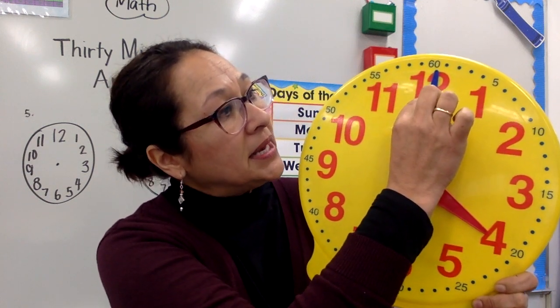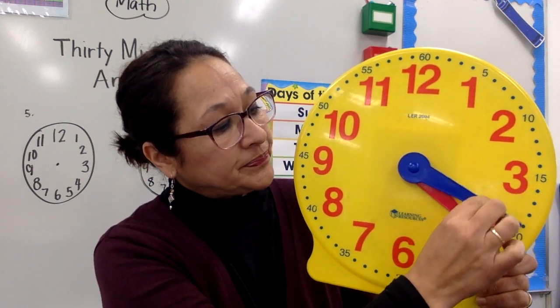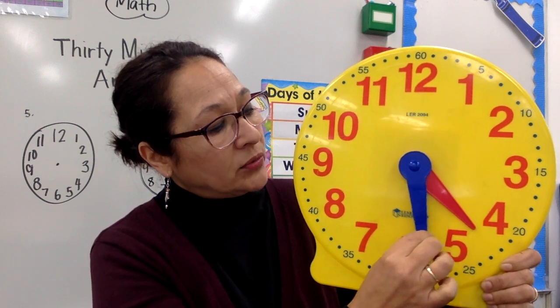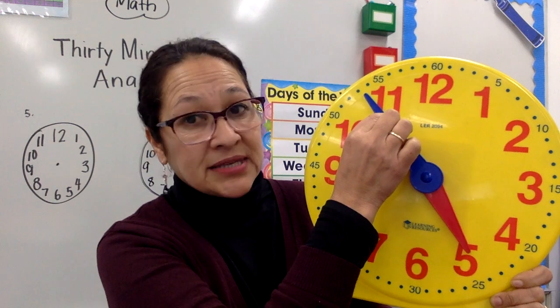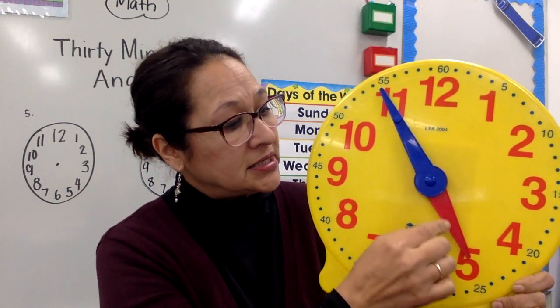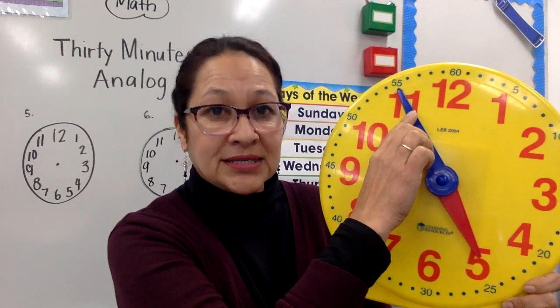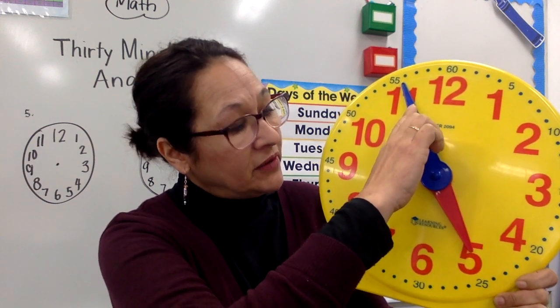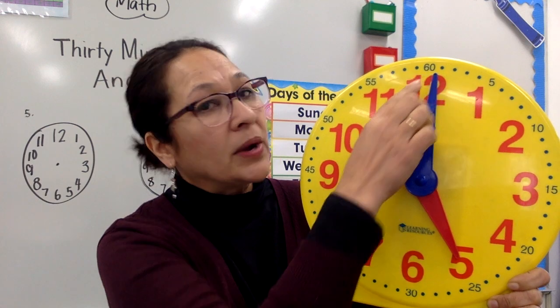Also remember that when this minute hand goes all the way around the clock and gets back up to the 12, you're going to notice also as I'm doing this that the hour hand is also moving closer to the next number, the next hour, right? So it said 4 o'clock, and now look, it's getting closer, and it is now 5 o'clock because it went around 60 minutes.